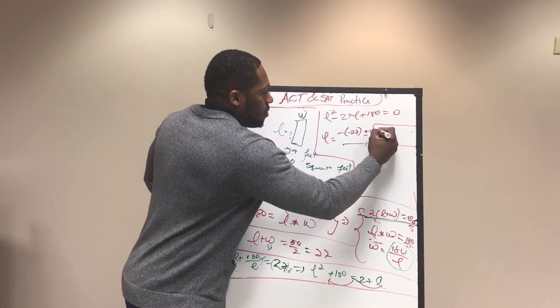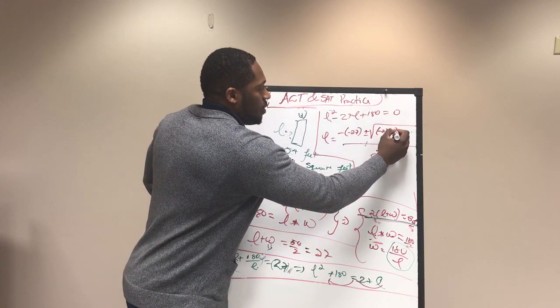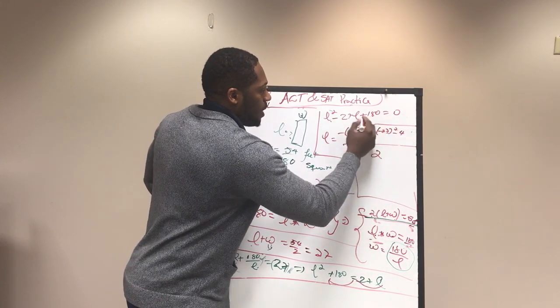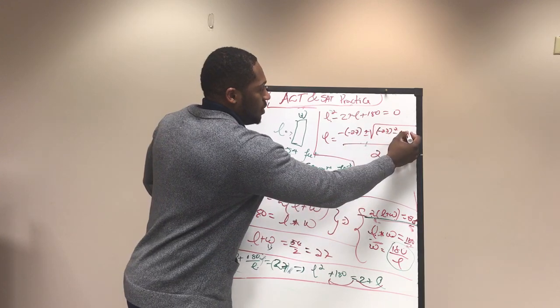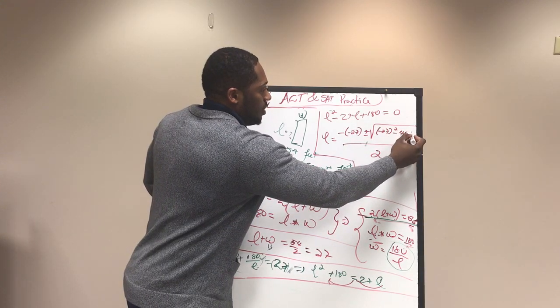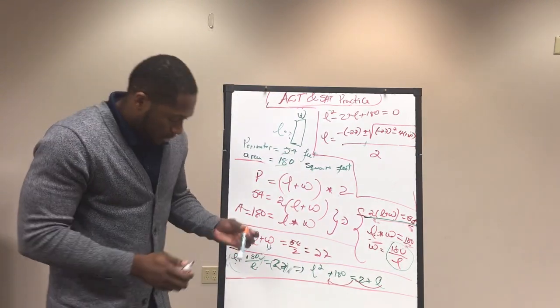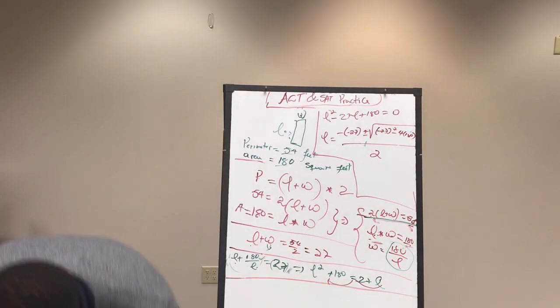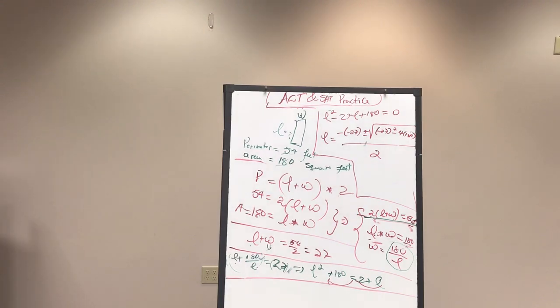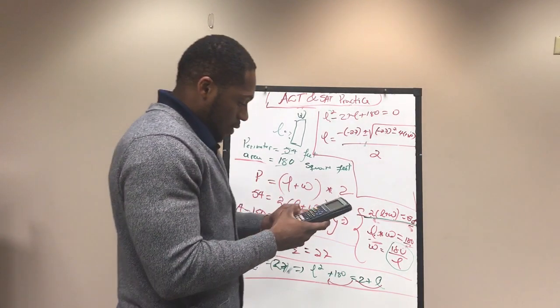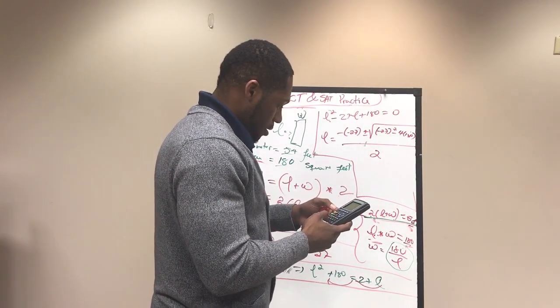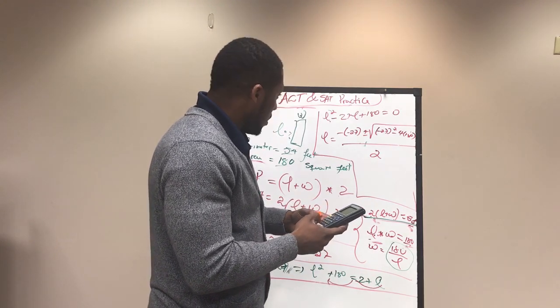So B squared, minus 27 squared, minus 4 times A times C. A is 1, C is 180. So plus or minus, we'll find one of them will be the dimension of the length, the other one will be the dimension of the width.